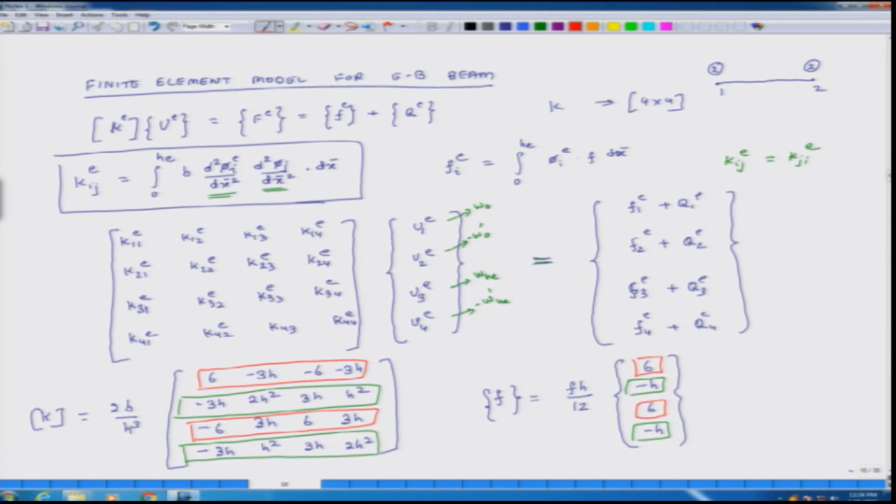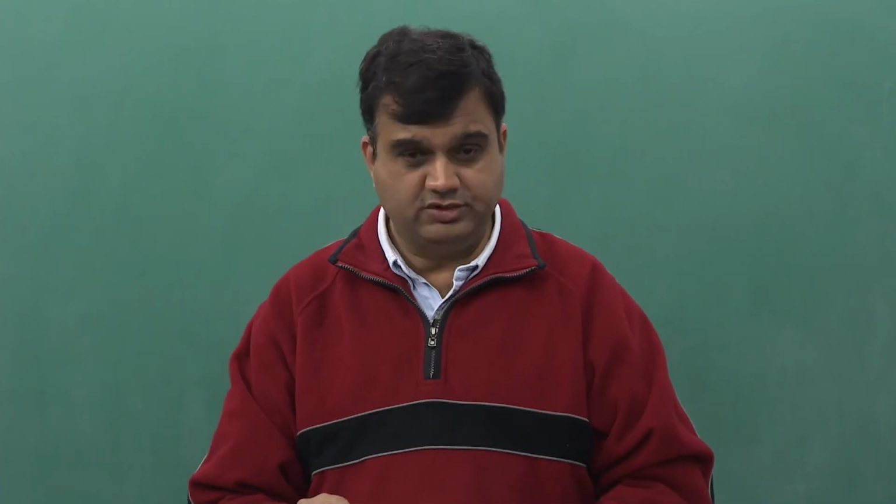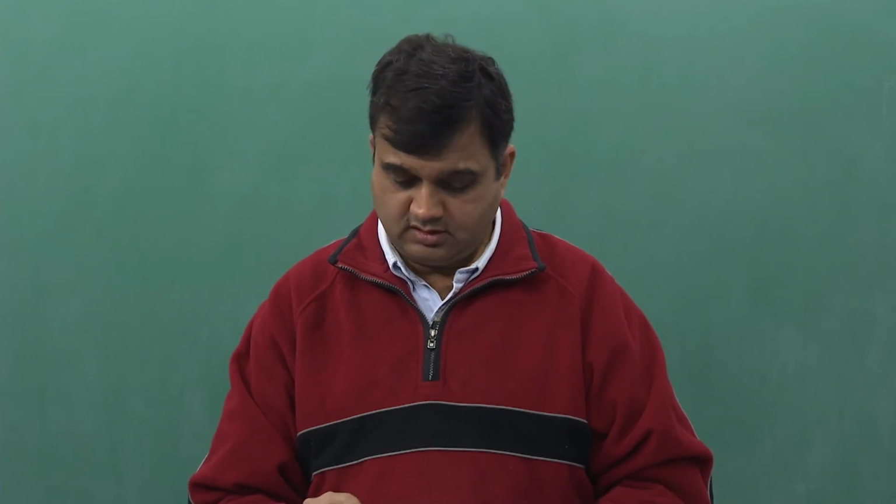And the reason for this is, you may have already guessed, that the second row corresponds to rotational degrees of freedom and they are associated with moments. So, it does not matter whether you are looking at node 1 or node 2, the rotational degree and associated bending stiffness of the element will be the same, right.